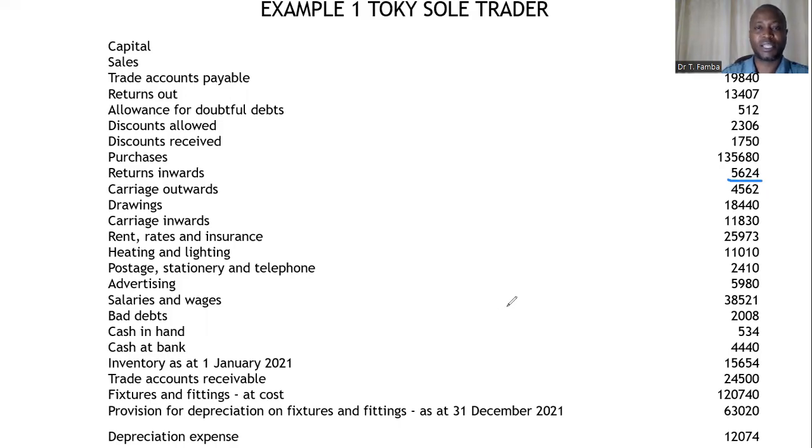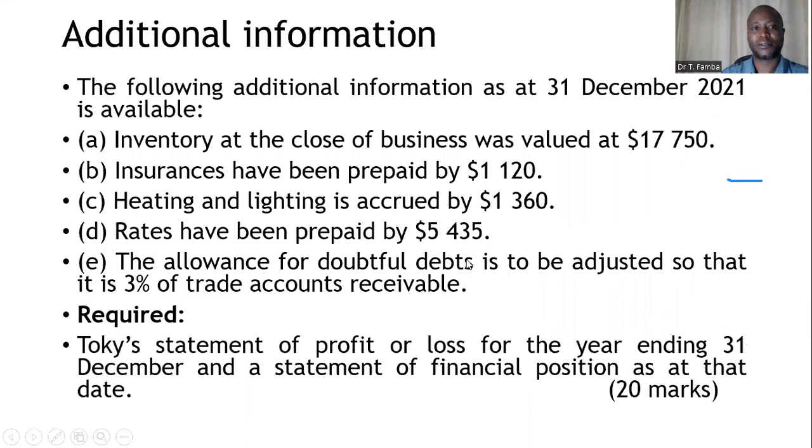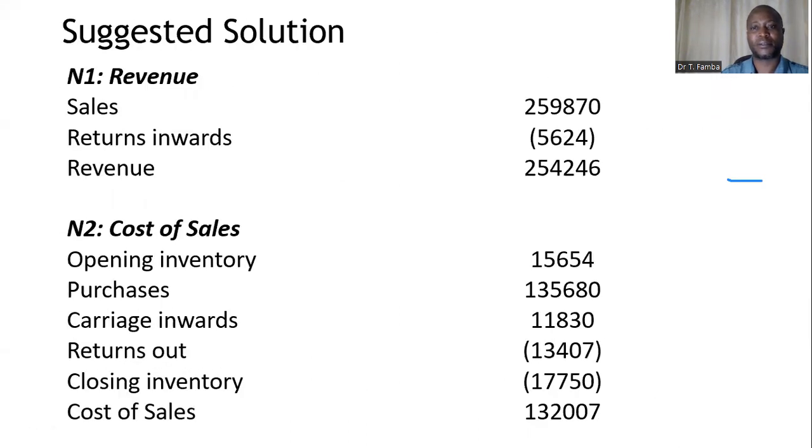So these figures are the figures that we are working with here. So what you're going to do, you take this amount for sales, and then you deduct the returns inwards, and then this is the amount of revenue.